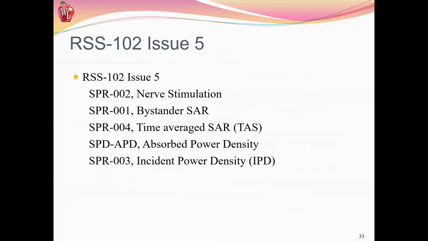So in issue 5, we had the SPR-002, which was for nerve stimulation. SPR-001 bystander SAR, which was an interesting concept. Time average SAR, absorbed power, etc. These were all the SPRs that were involved with issue 5.